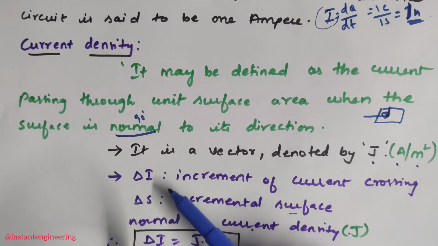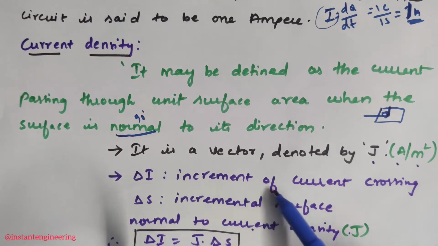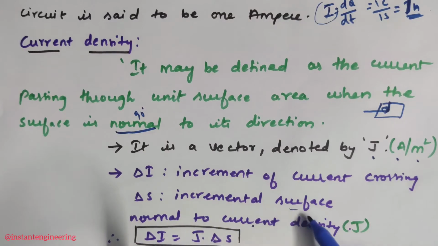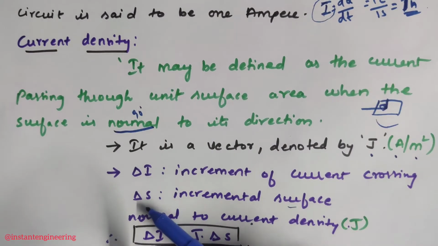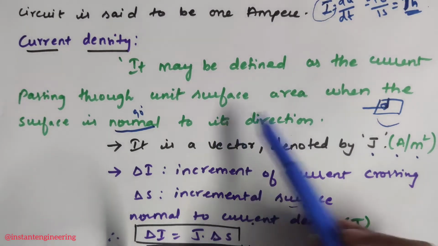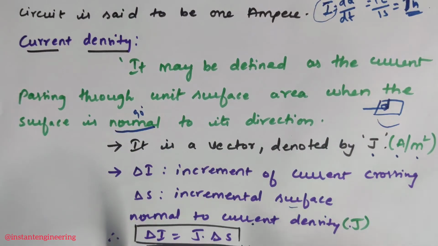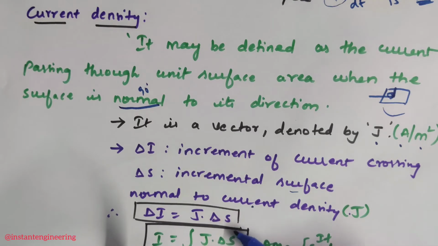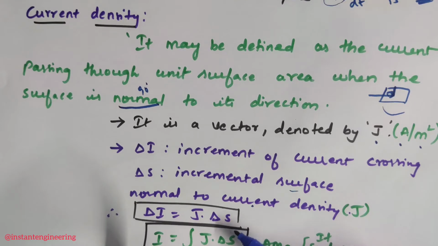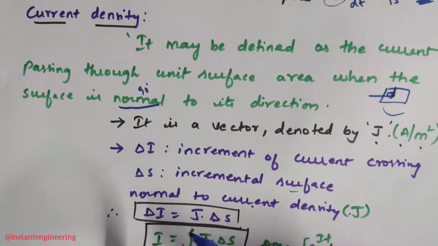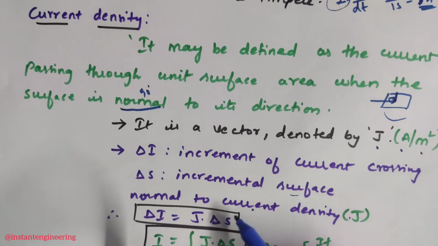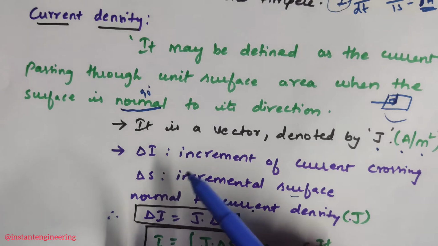If there is an increase in the current crossing, taken as delta I, and the increment in the surface is delta S, then normal to the current density J, it is given by the formula delta I is equal to J into delta S. Whatever the surface area you take, the current passing through it is given by this formula, if the surface is normal to the current density.